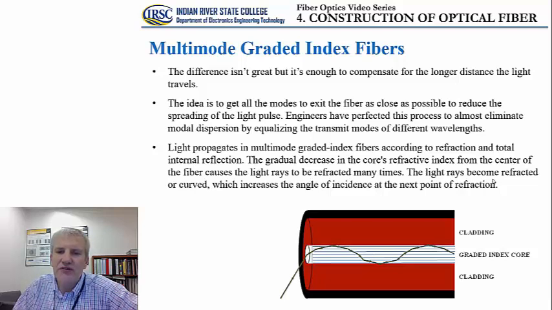So the light becomes more refracted, more curved, as indicated in this picture here, and that's going to increase the angle of incidence at the next point of refraction. So we have this curvy trajectory that the light follows as it moves through the core of this type of optical fiber.